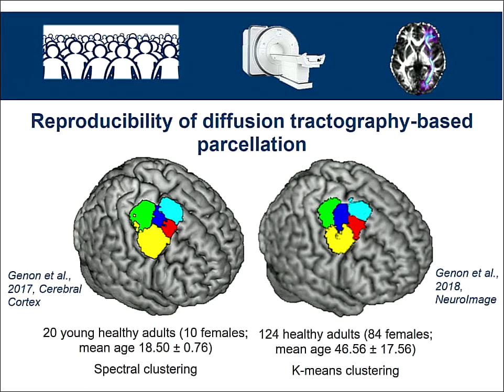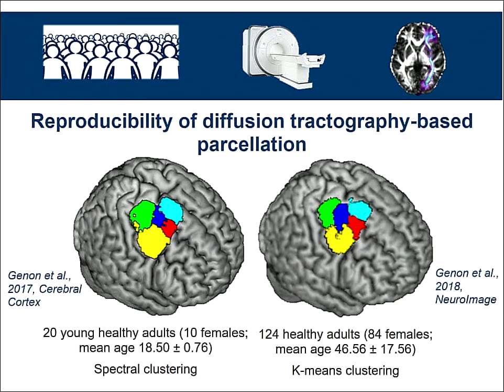And the age range was really different. So here it was really only young, healthy adults, and here it was a really broad age range. And we got a similar pattern. So we really get the same type of organization for the two different samples with two different clustering procedures. So it can give us some relative confidence in the biological validity.